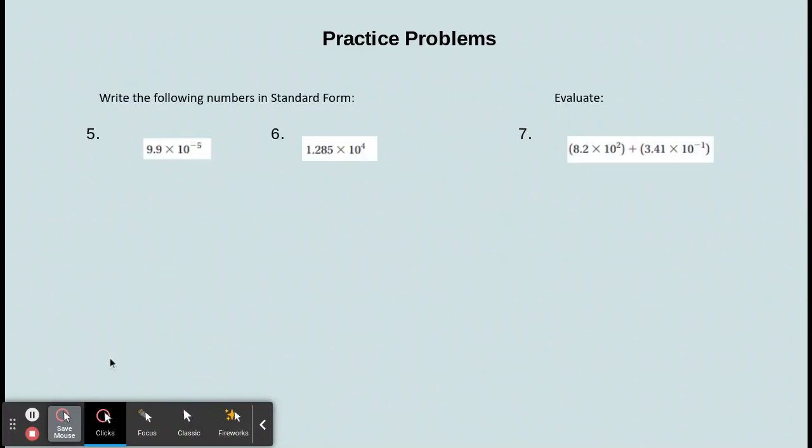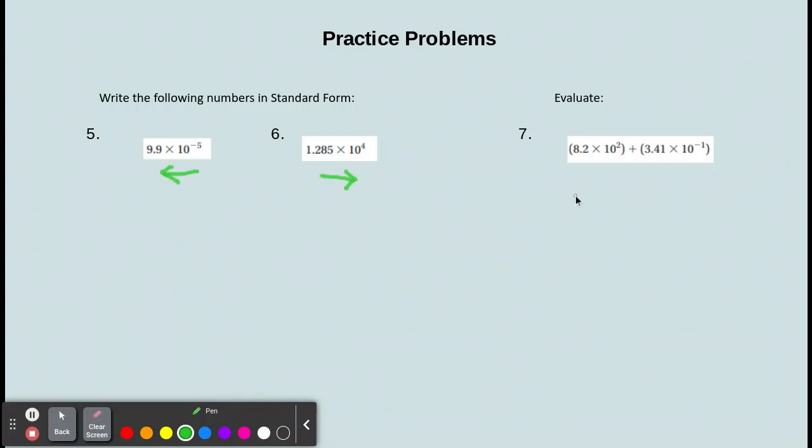Okay, and then number 5 and 6, we start out with scientific notation and you want to write it into standard form. Remember, since this is a negative exponent, we're going to move our decimal to the left. This is a positive, you're moving your decimal to the right.